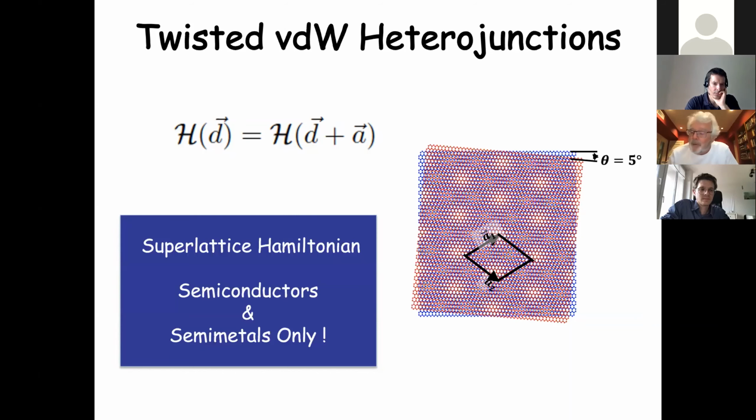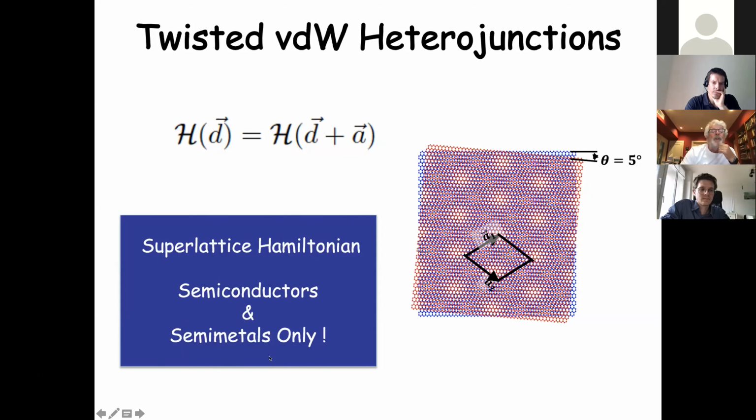So here's a simple picture to understand the effective Hamiltonians of these systems. It's based on a kind of envelope function or effective mass approximation commonly used in semiconductors, which is based on the fact that all of the states you're interested in are localized near a particular momentum, or in the general case, maybe a couple of momenta that we distinguish by valley.